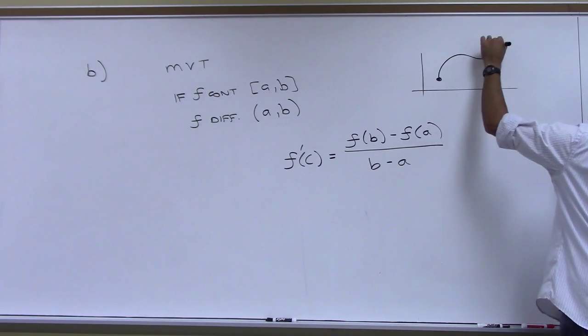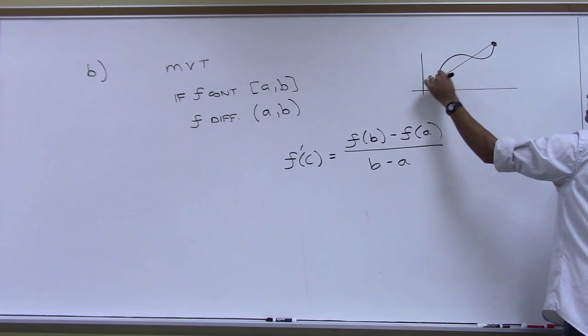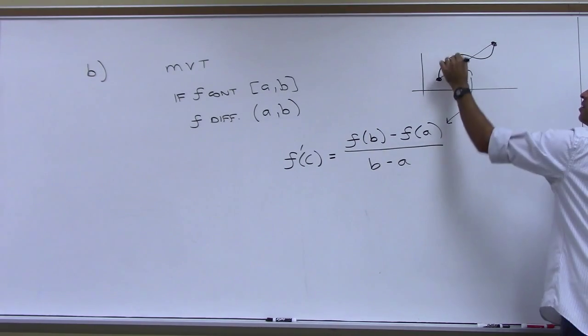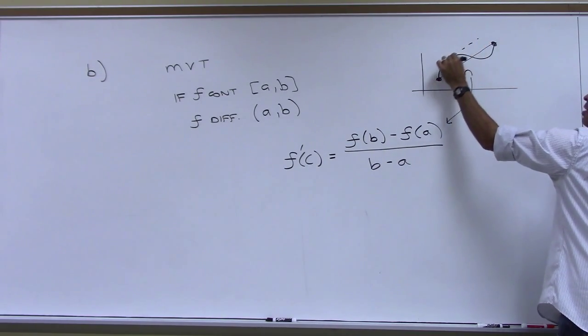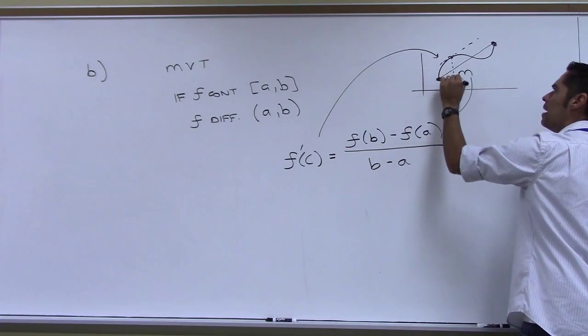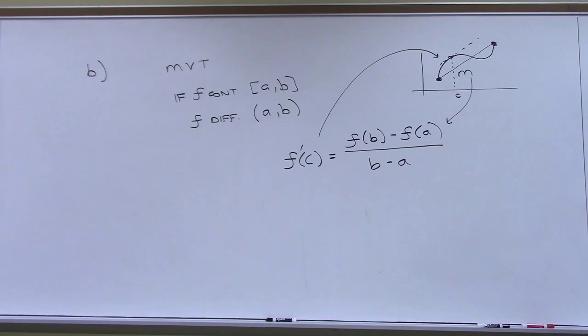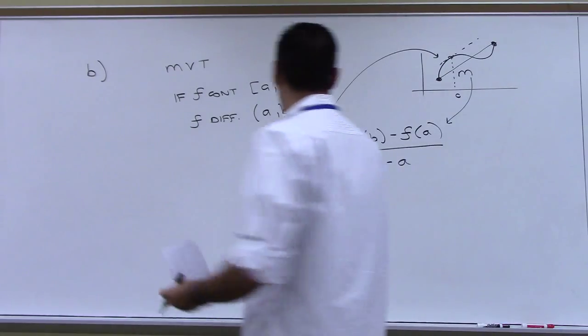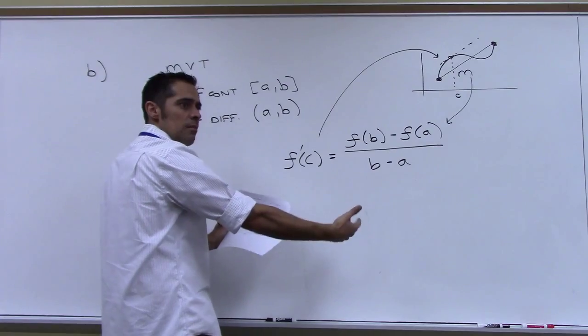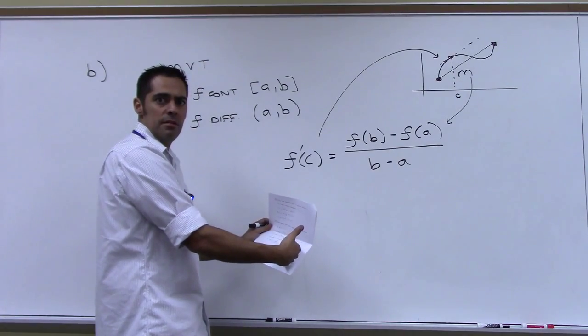You have a function, you connect it. The line connecting these two has a slope, right? That's this side. Somewhere on the function, we should have the slope of the tangent line be the same. That's this one, right? That's happening at some point c. That sound familiar? Okay. So when we do this problem, we're really going to be using this formula. We're going to be working the left and right-hand sides down, and we're going to try and show equality at the end.